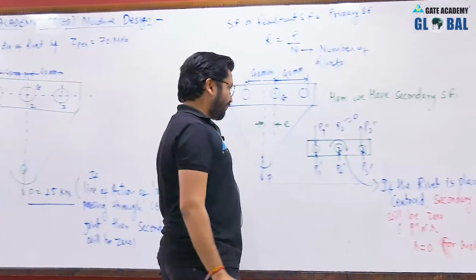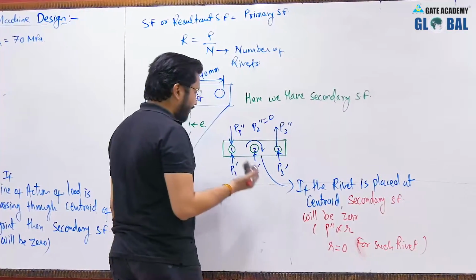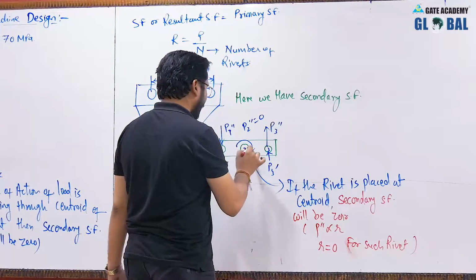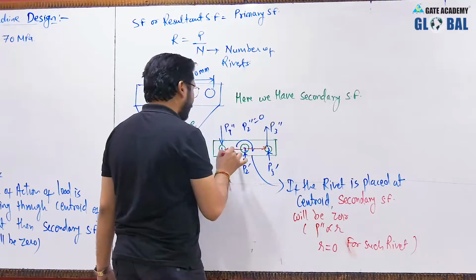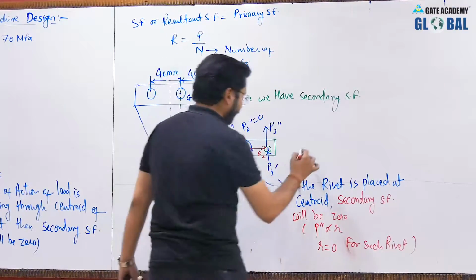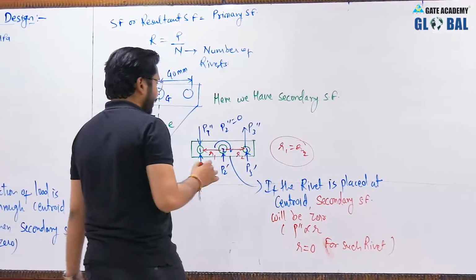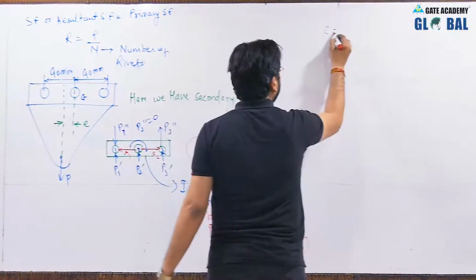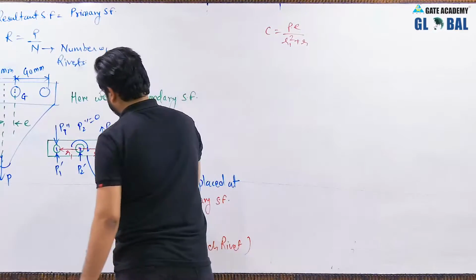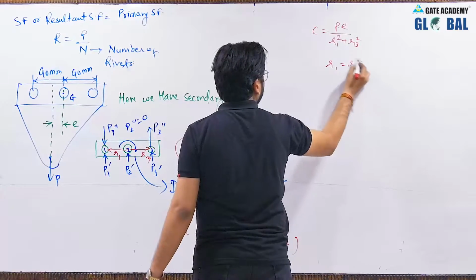Okay. Now here, if I ask you which will be the most critical rivet, so this is the centroid, and these two are placed at equal distance. So R1 and R2 are the same. Again you will see that C will be equal to P into R, divided by R1 square plus R3 square, and R1 is equal to R2.